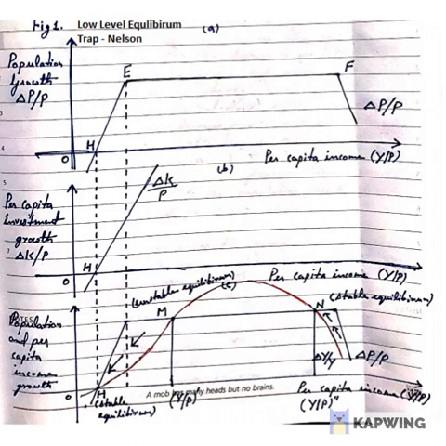From point E to F, the population growth becomes stable and starts declining after point F. This is also because a rise in per capita income makes people conscious about their living standard and they try to adopt a small family. Hence, the population growth curve represents the population growth paths at different levels of per capita income.